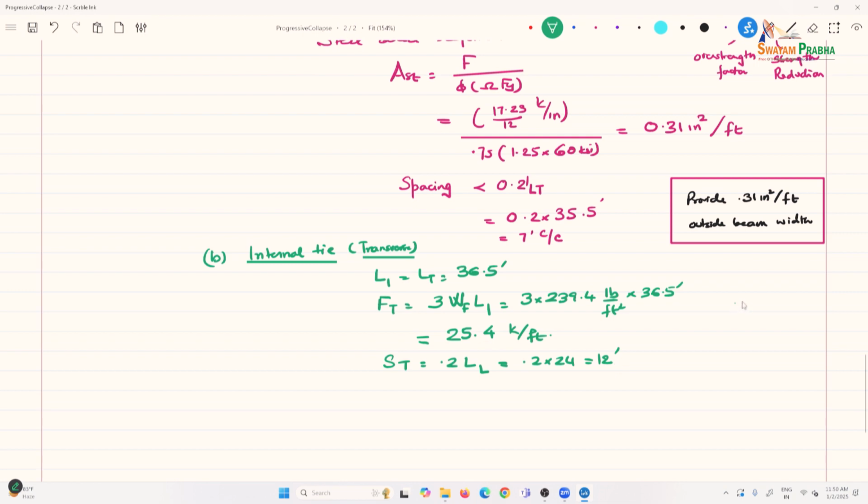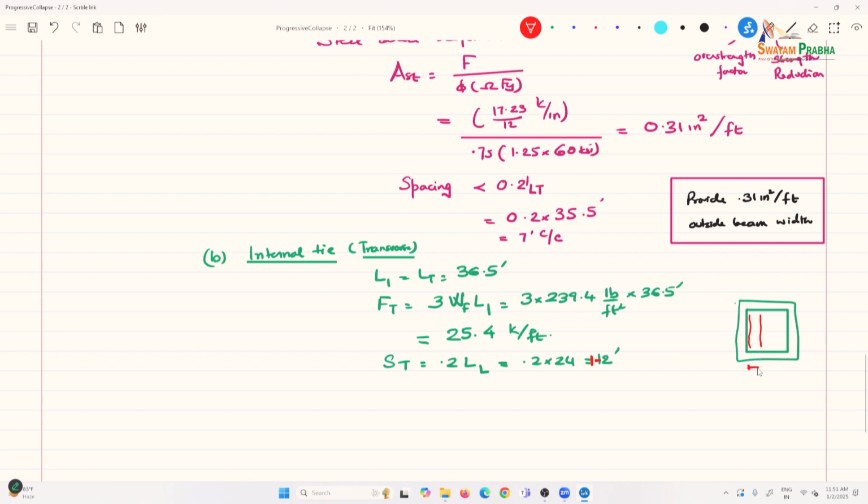Basically, if you provide 2 of them, what they are saying there is, let us say this is your beam. If you are providing 2 of them, you should provide within... No, 0.2 times 24 is 4.8.